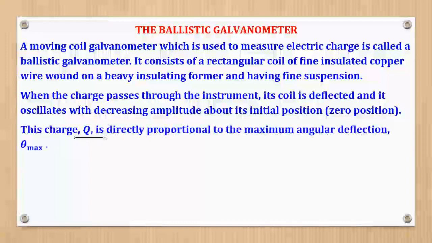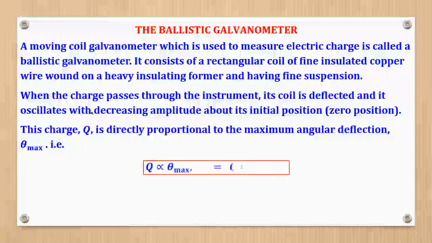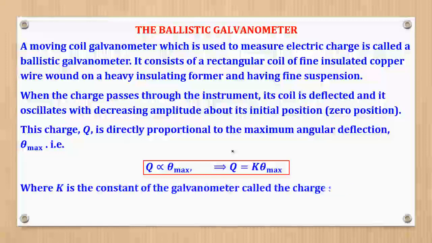This charge Q is directly proportional to the maximum, do you see that word? Maximum angular deflection. So either use the word maximum deflection or first deflection. That means that Q is directly proportional to theta max. When I put an equal sign, I should introduce what we call a constant of proportionality, which is K. K is a constant of proportionality, and it has a special name called charge sensitivity.